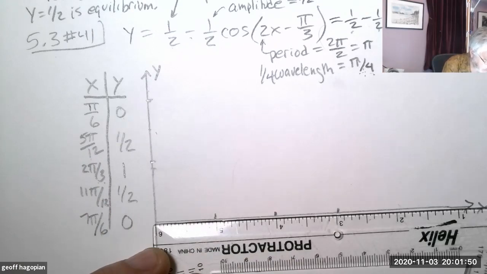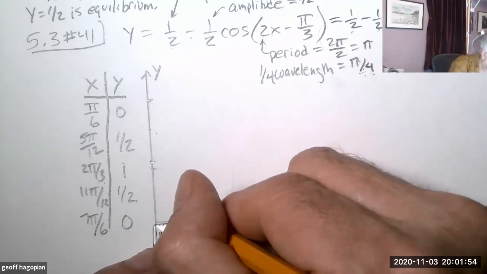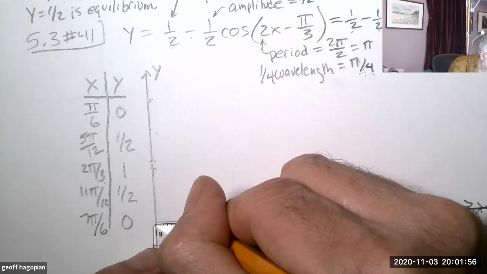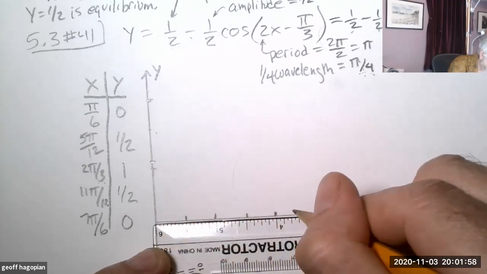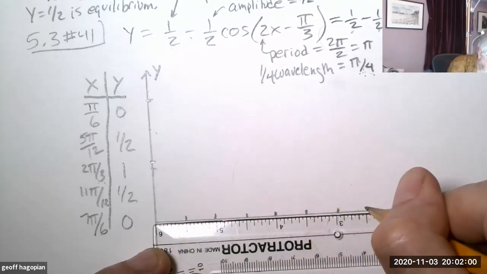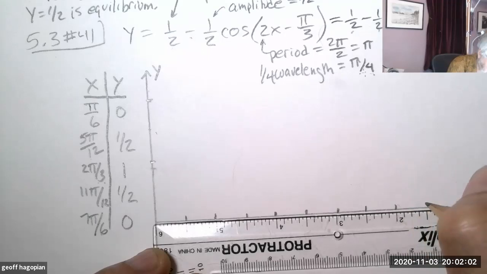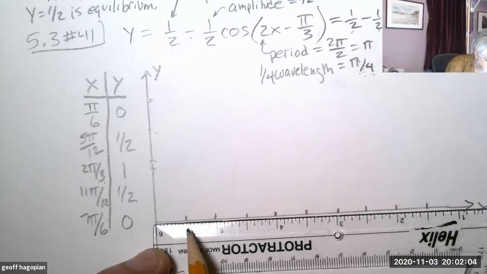So I think we want intervals of pi over 12, right? Will that work? So the wavelength is pi, right? So if each one of these is pi over 12, do we have 12 of them? 1, 2, 3, 4, 5, 6, 7, 8. No, we don't. Crap.